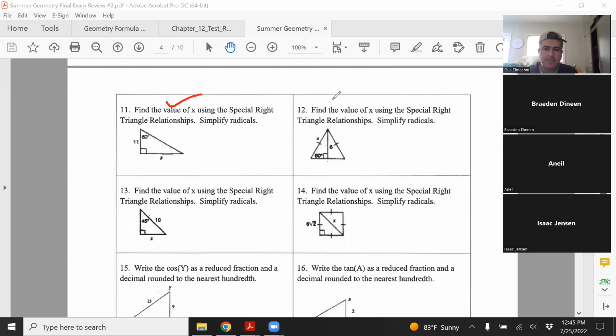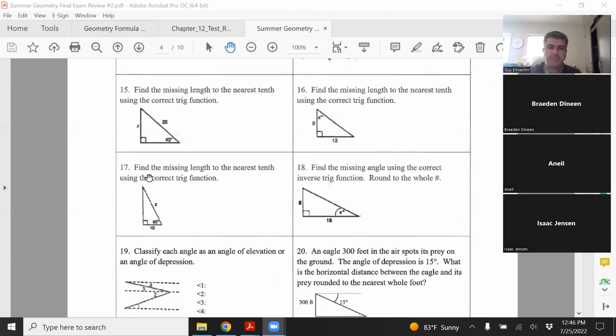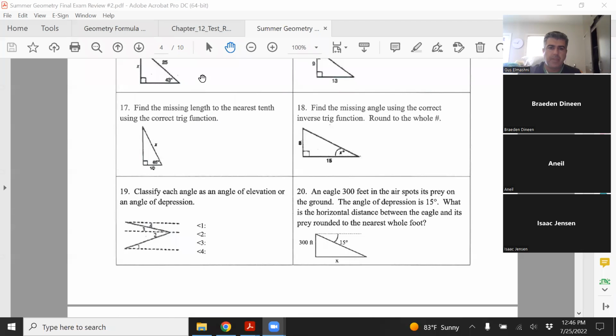Definitely 11 and 12 and 13 and 14 and 15 and 16. Those are also good problems too. 17, 18 are also good ones.